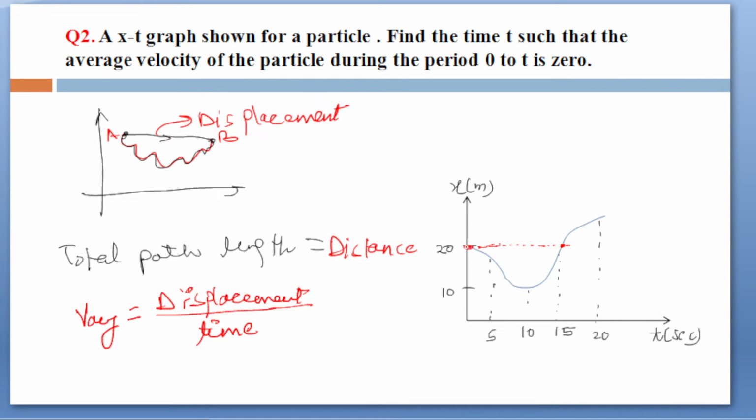at this point the displacement will be 0, that is at 15 second the displacement will be 0, that is the particle again reaches the initial position. So if any particle starts from A and it reaches A, the displacement will be 0.